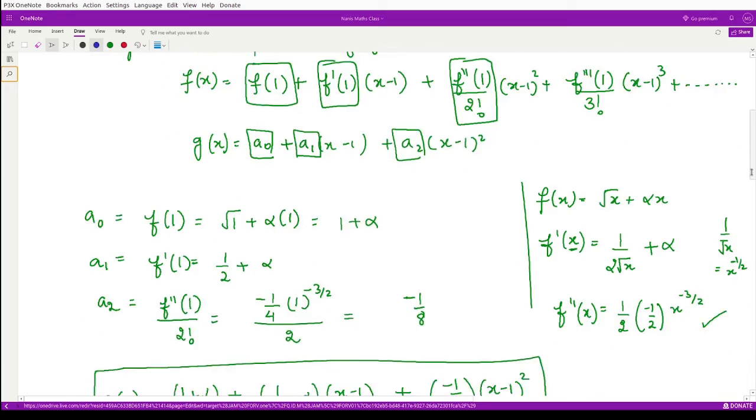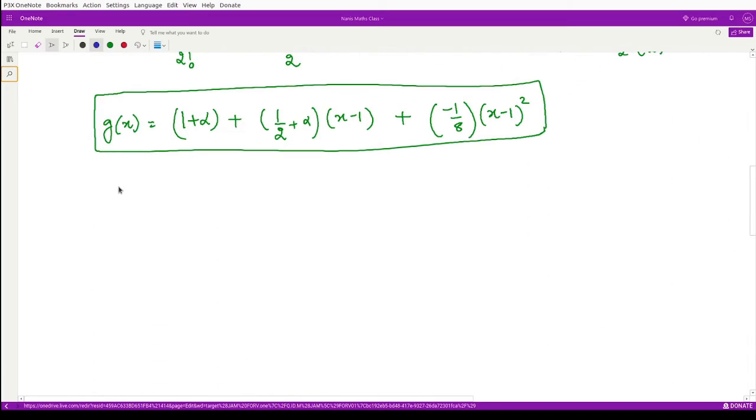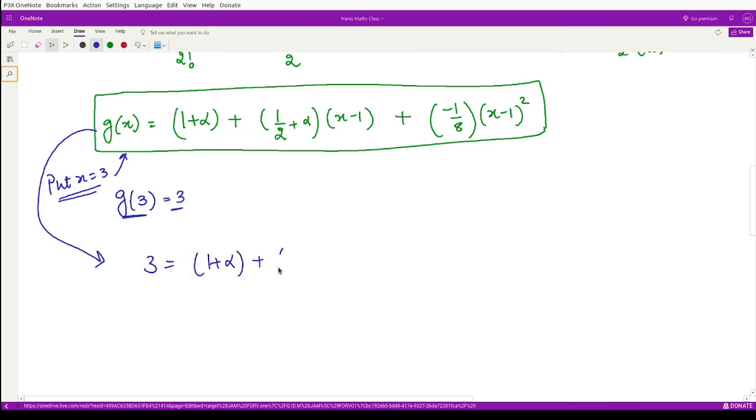Now we have obtained our function g(x), so we can substitute x equal to 3 into this expression, with g(3) equal to 3. We are just replacing the quantity x by 3.